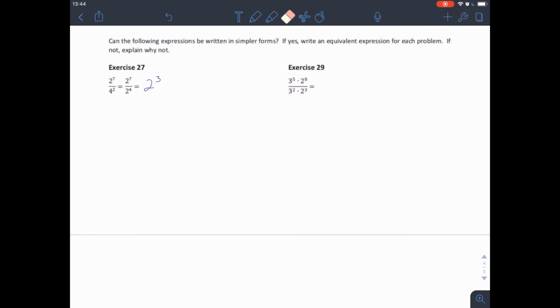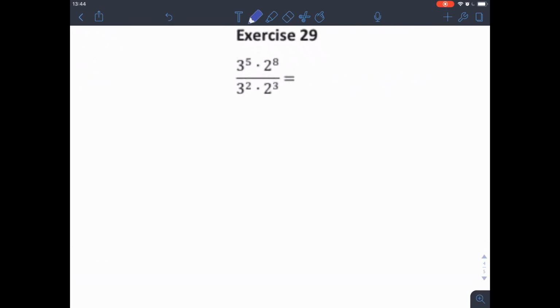And then for exercise 29, again, we can only do this with numbers with the same base. But I can even just split this up in my head into two problems. I can do 3 to the 5th over 3 to the 2nd times 2 to the 8th over 2 to the 3rd.